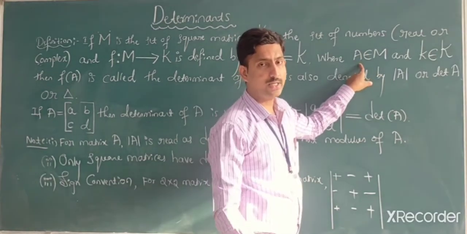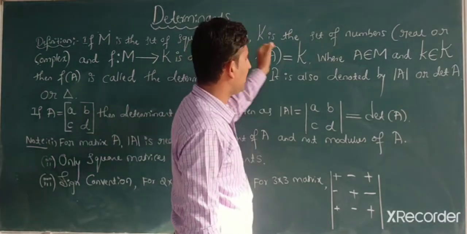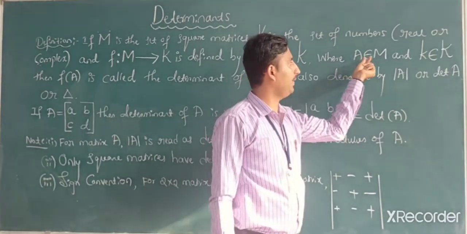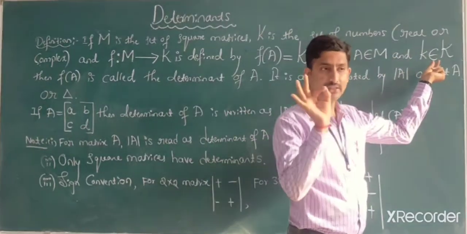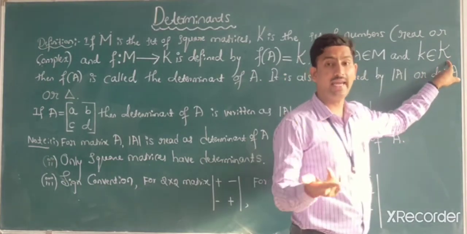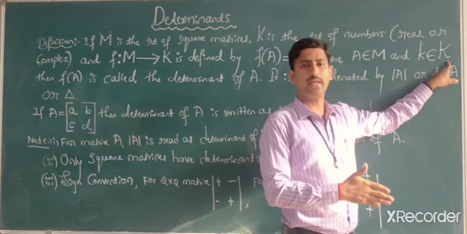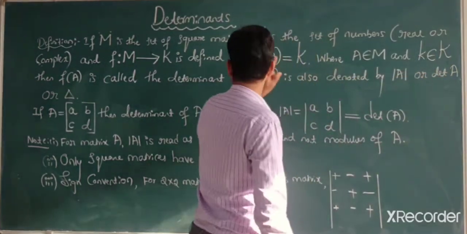Why? Because M is the set of square matrices, therefore each A is also a square matrix, and small k is nothing but a number. That number belongs to the set K, where K is either real or complex. But we are going to take here real numbers only.